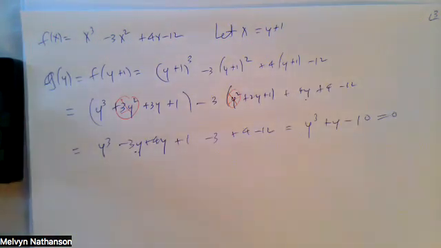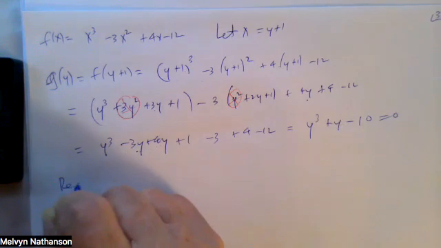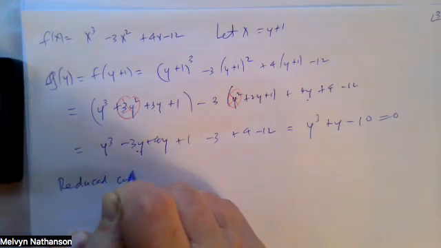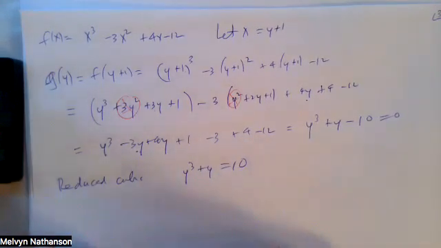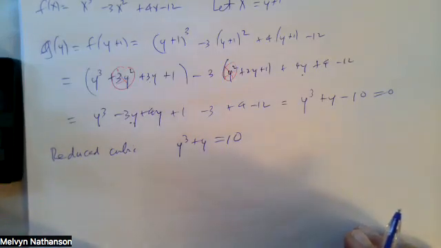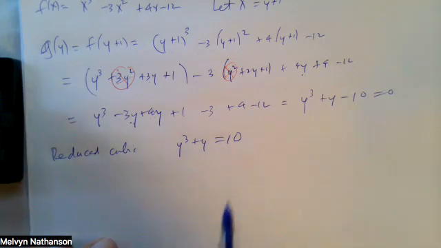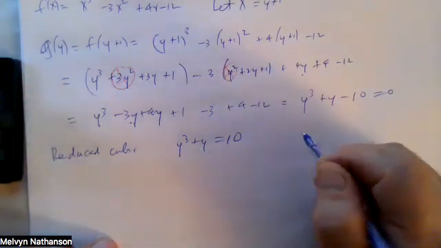So I get y cubed plus y minus 10 equals 0, or I have the reduced cubic, y cubed plus y equals 10. That's negative. That was a 4 or 5. Where? Negative 3 plus 4 minus 12. 1 minus 3 plus 4 minus 12. All right, I got it. Thanks. So this is my reduced cubic.